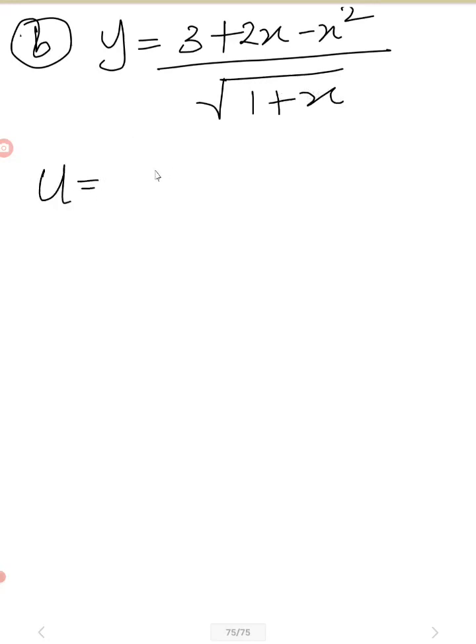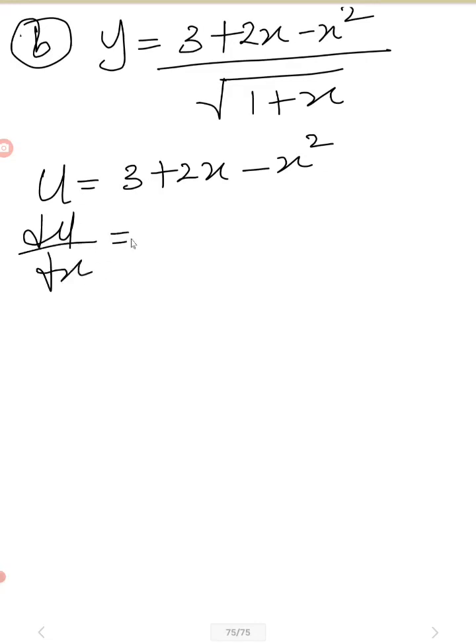U is equal to 3 plus 2x minus s squared. Let's differentiate immediately. The u with respect to x will give you 2 minus 2x. We all know that is the derivative of 2x minus s squared.